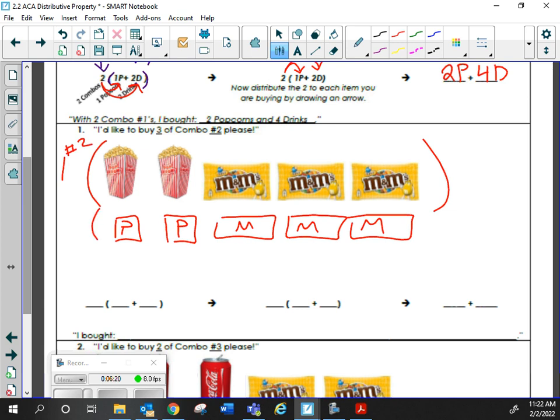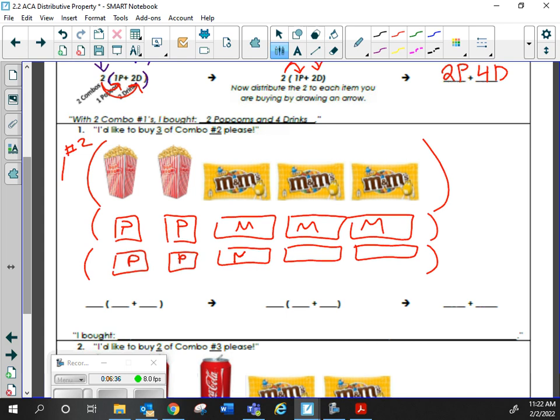This is another number 2. Do I need to do another one, or is that it? Another one. Okay. So that's 1 number 1. That's 2. That's 3. It's 3 groups, 3 combos of the number 2.